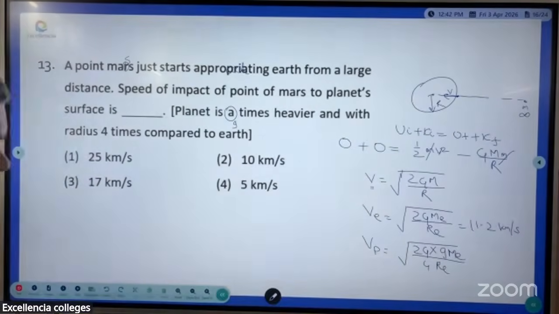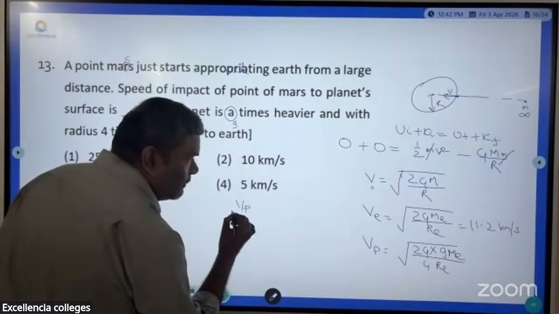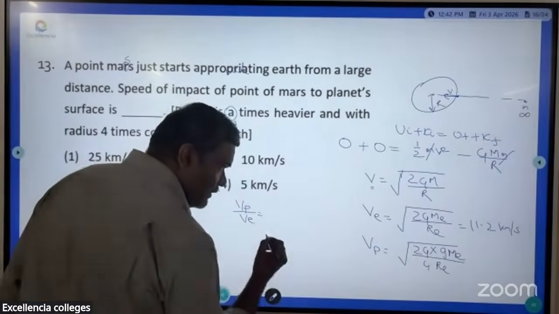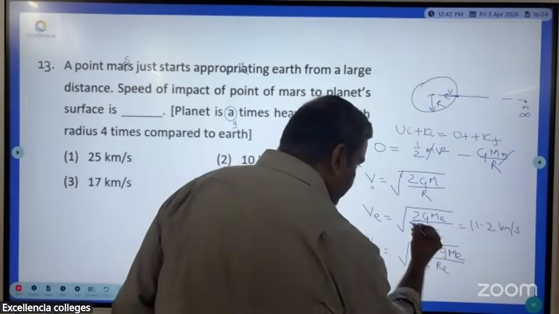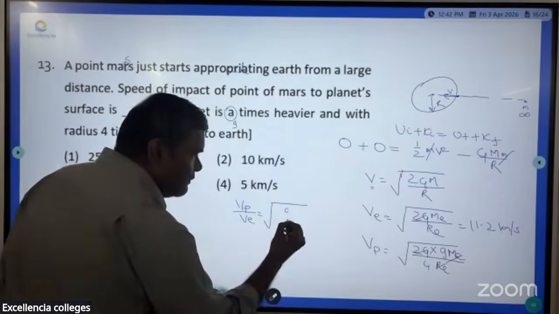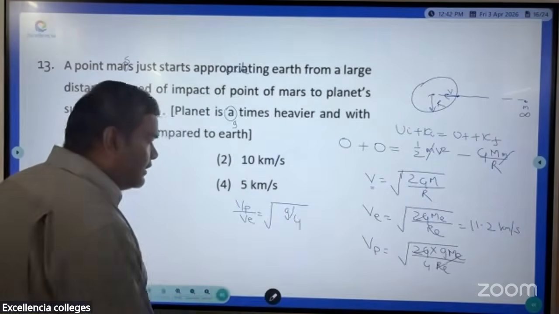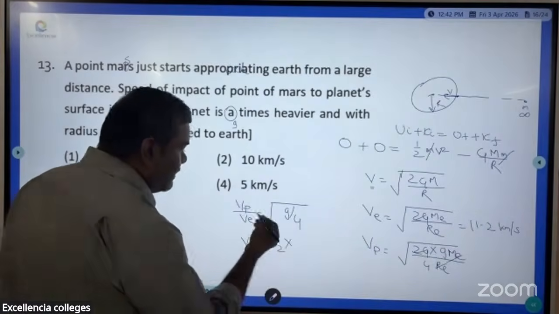This is for the planet. So if I divide both the equations, I'll get velocity of the planet by the velocity of the Earth equals root of, dividing them, 2G gone, Me gone. I will get the ratio as root of 9 by 4. That's the value here. So velocity on the planet is going to become 3 by 2 into escape velocity.